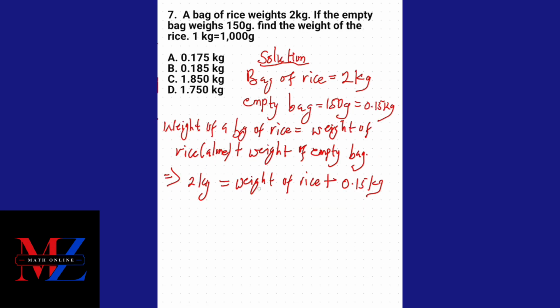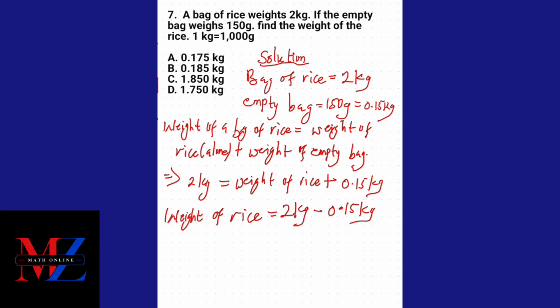So since we are finding the weight of rice, we simply send this across so that the weight of rice will be equal to 2 kilograms minus 0.15 kilogram. So we can say that the weight of rice will be equal to 2 kilograms minus 0.15 kilogram, but not 0.15 minus 2.